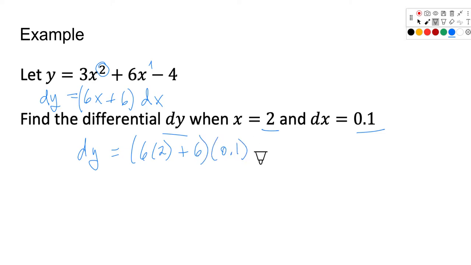And it's arithmetic now. 6 times 2 is 12, 12 plus 6 is 18, times 0.1. That's going to move the decimal place over one place. So dy would be 1.8.